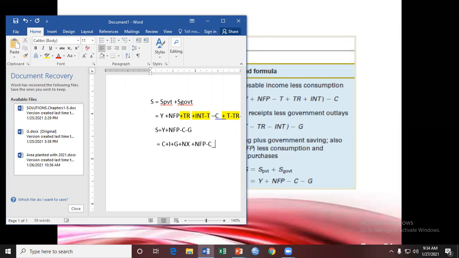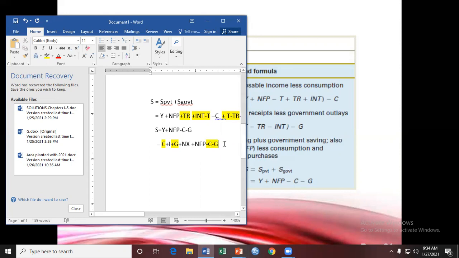Again, this C is in positive sign, this is in negative sign, it will go away. This G has a positive sign, this G has a negative sign.